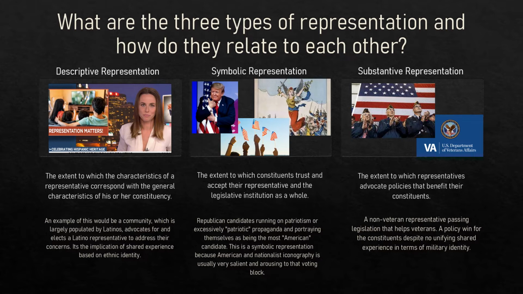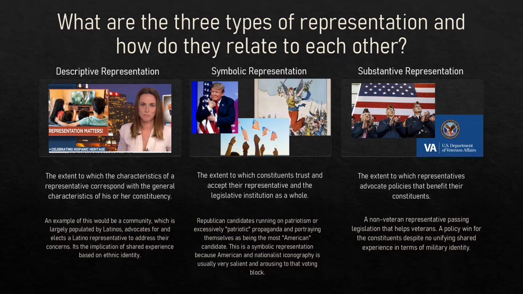The people who elected you, how exactly do you represent them on an identity basis? If Irvine had a whole bunch of single moms and they elected Katie Porter, that would be descriptive representation. They see themselves in her. She's a single mom. She was elected to Congress.